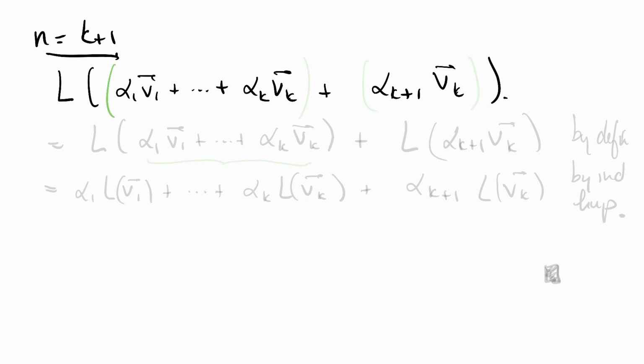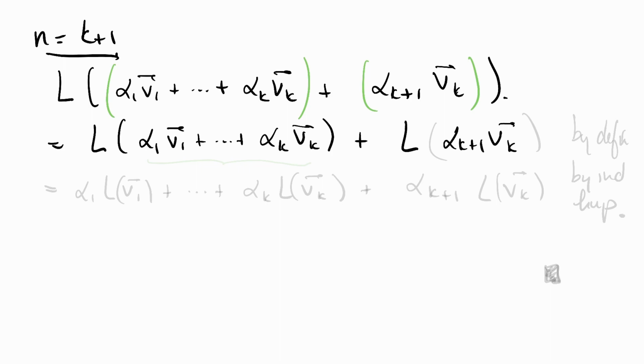So we're going to break this up into two vectors, like so. This is going to be L applied to the first part of this linear combination plus L applied to the second. This is by the definition of linear transformations.